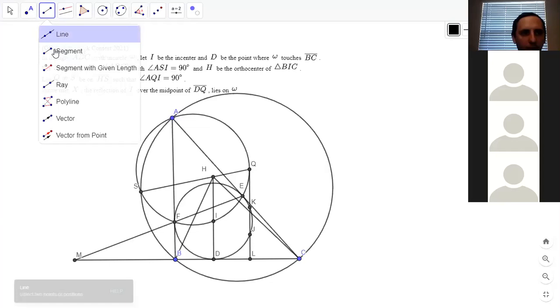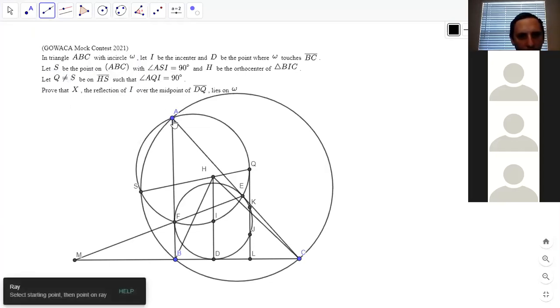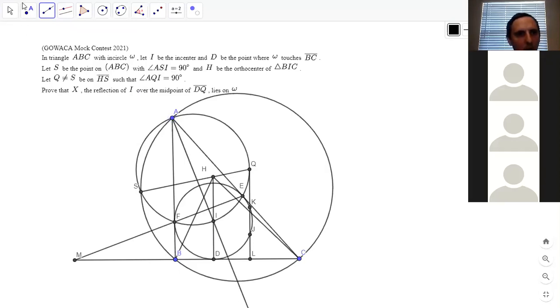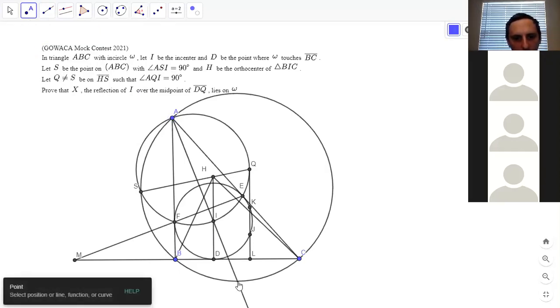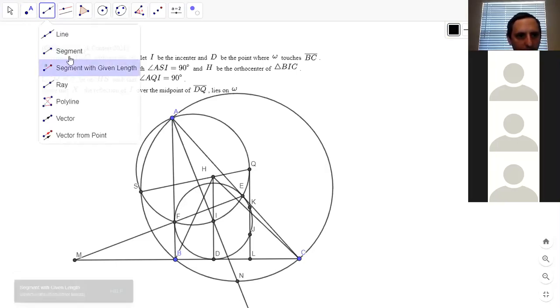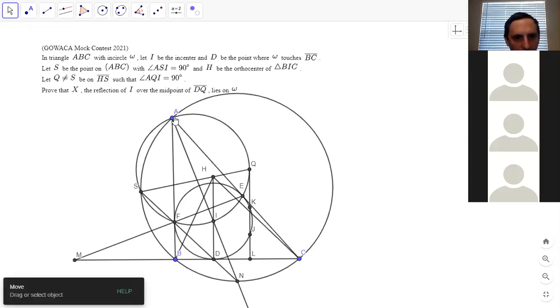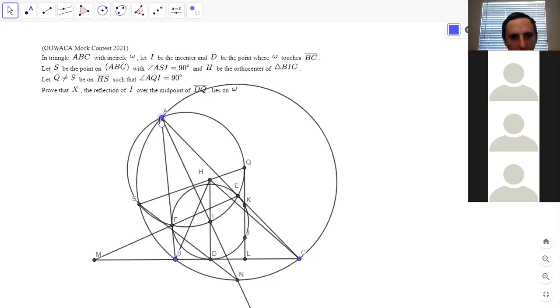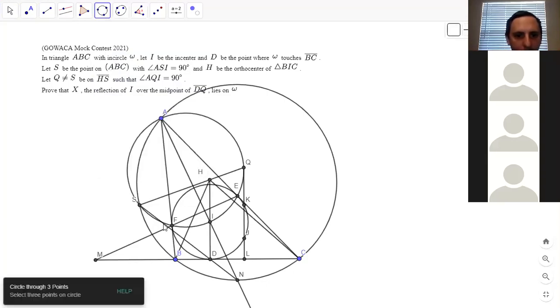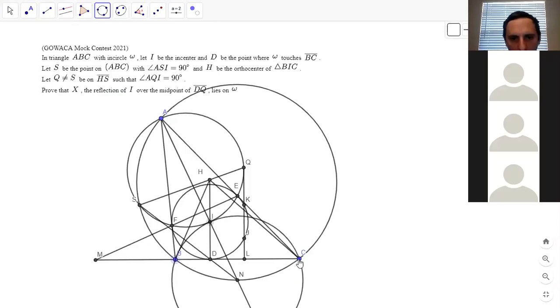That's part of the Sharkey-Devil configuration. It almost looks like it passes through F in this figure, but I don't want to make it look like it passes through F. That looks okay. So yeah. Is BIKC cyclic? No.